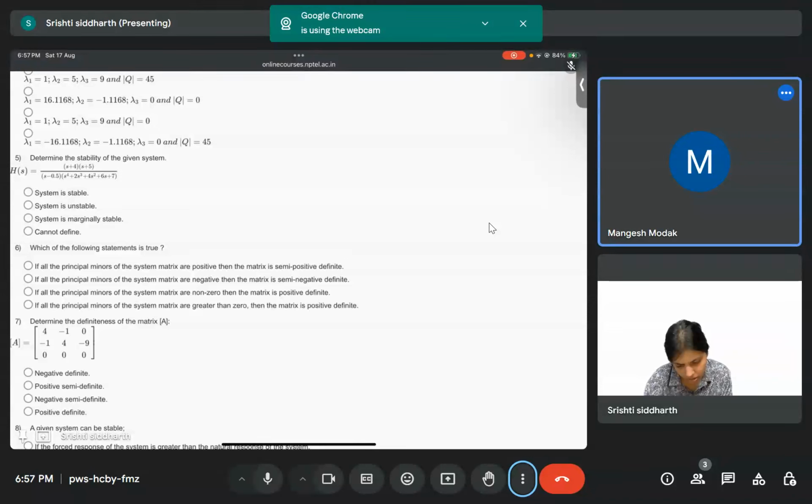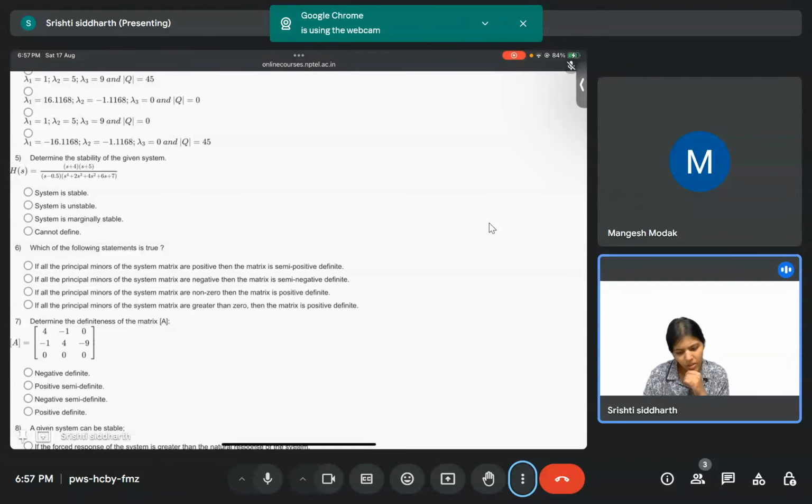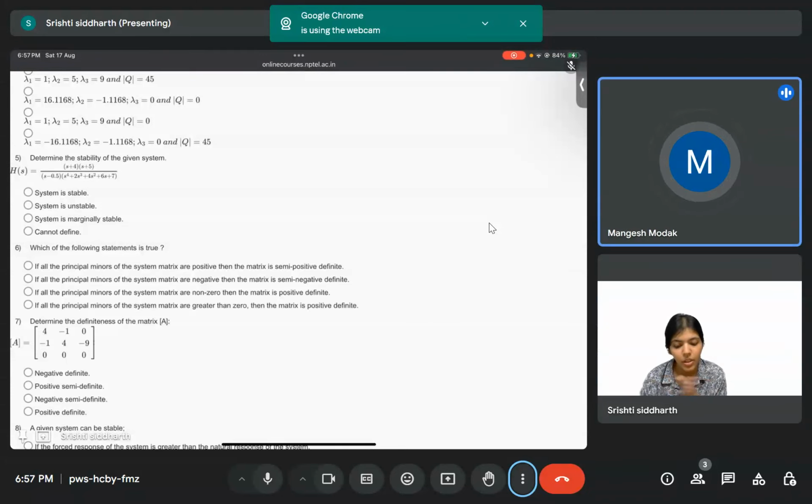Try to do this on MATLAB. I mean, get the roots of this fourth order equation. But this is a transfer function, right? You already know how to compute the poles of the transfer function.